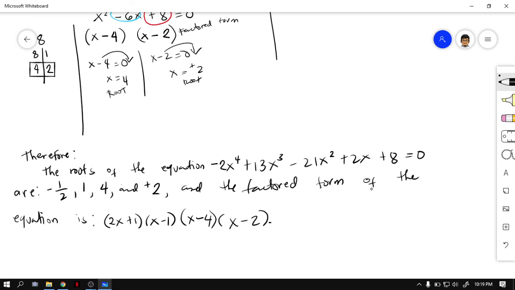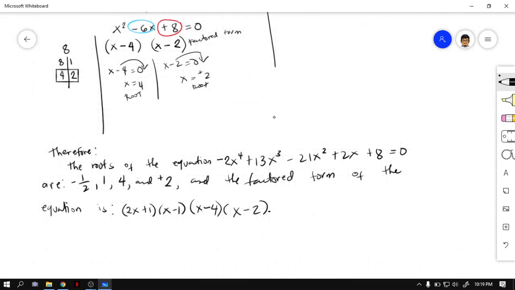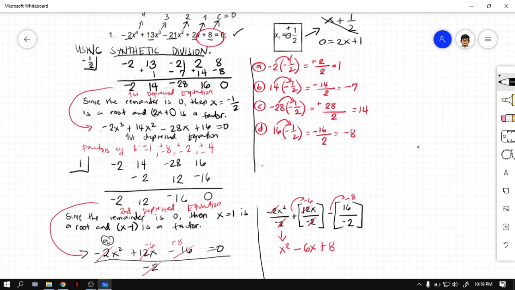Ayan. So, tapos na tayo. That's how we get the other roots of the given polynomial equation. Sana nasundan nyo.